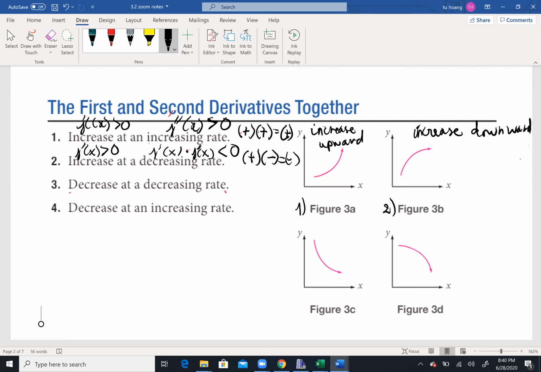And similarly for 3, we see that it is decreasing but upward. See that? So that means what? That means the rate is kind of decreasing, right?